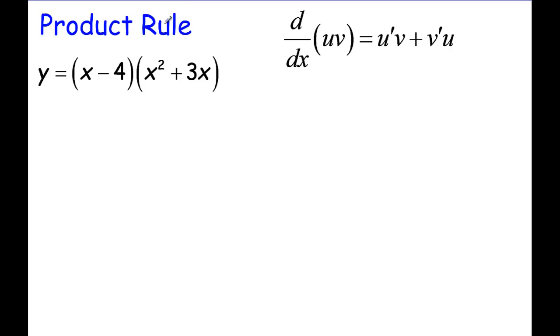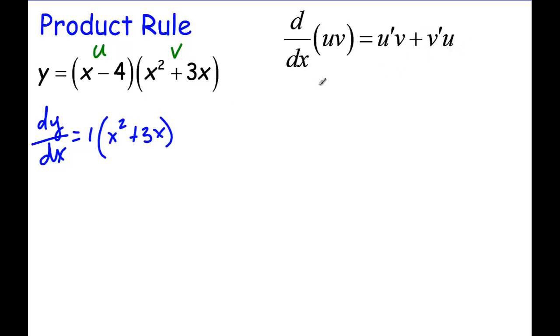What I'm going to do is label this first one u and this second one v. Now when we take the derivative, dy/dx, that's going to equal the derivative of u. Notice u prime, so we write u prime first, and the derivative of this is simply 1, times v, which is this entire binomial written out.